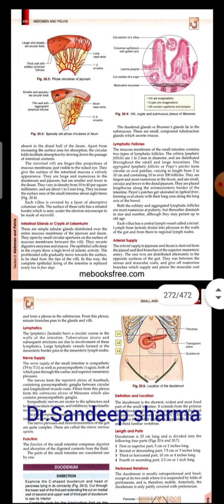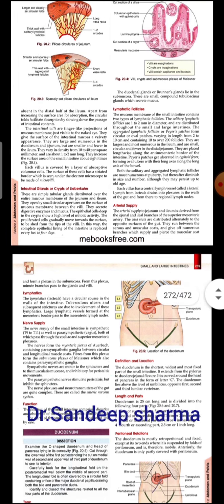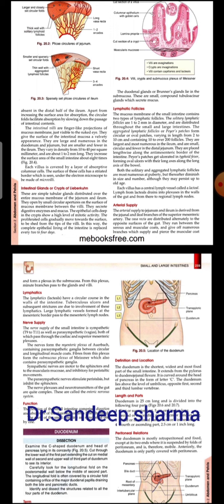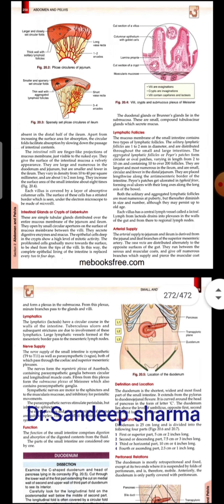So this is the cycle by which the lymph is collected to the regional lymph nodes. Okay, and the arterial supply of the jejunum and ileum is derived from jejunal and ileal branches of the superior mesenteric artery. The vasa recta are distributed alternately to opposite sides of the gut.